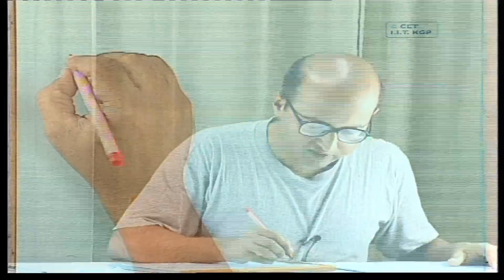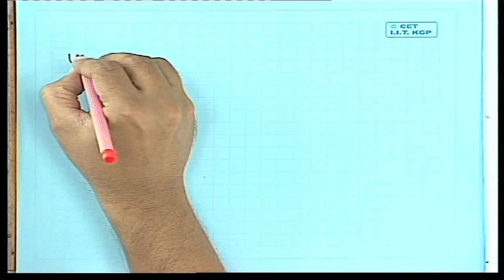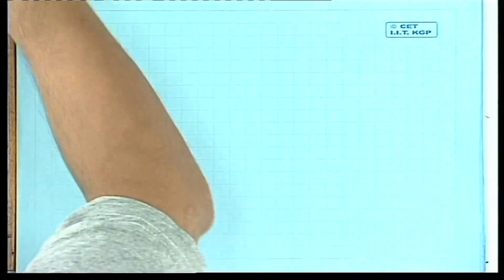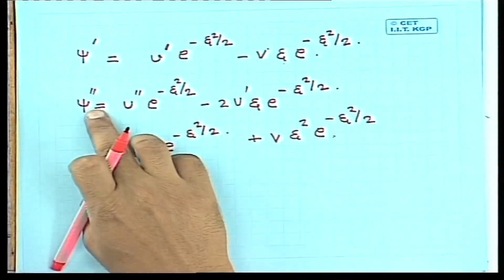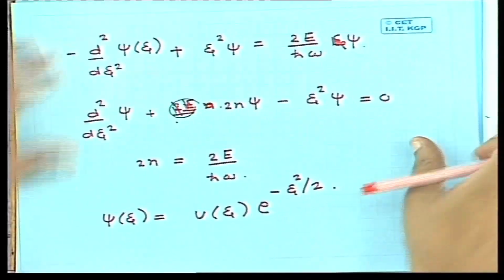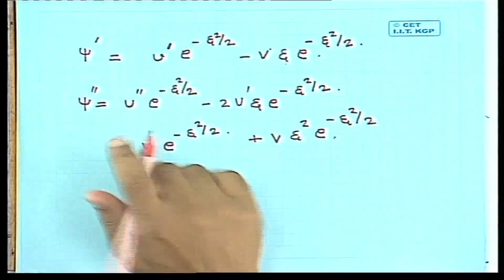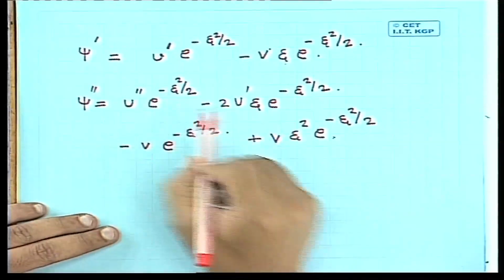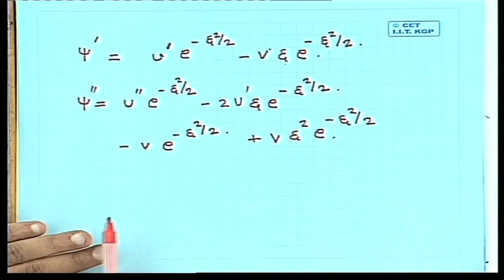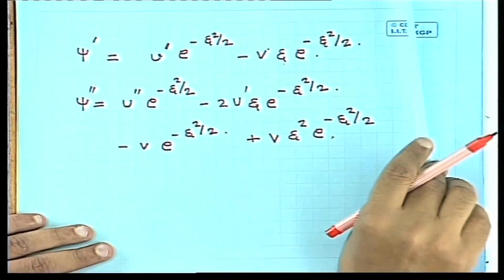So what we are left with, when I replace the second derivative of psi, then I have v double prime. Now if I put this in this equation, then this e to the power minus xi square by 2 cancels out from everywhere, so I'm not writing it anymore. And what we are left with is an equation for v. So let me just put down this equation.